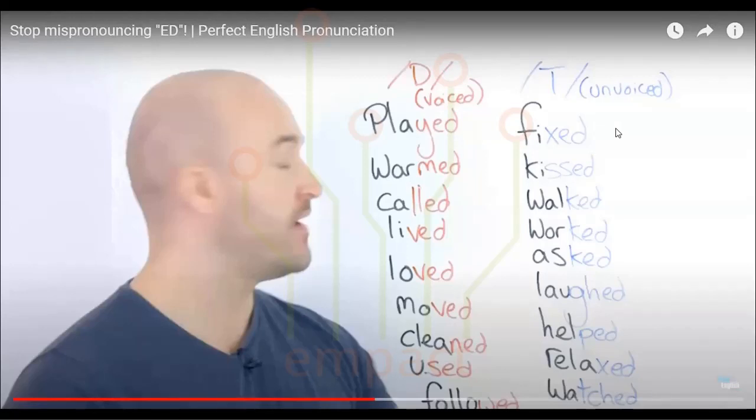So there is a vibration in our throat. Whenever there is a vibration related to that letter or that sound, we call this sound a voiced sound, right? Whenever there is no vibration in our throat, it means that sound is pronounced inside our mouth, not inside our throat. Okay, that's why they are unvoiced or voiceless.